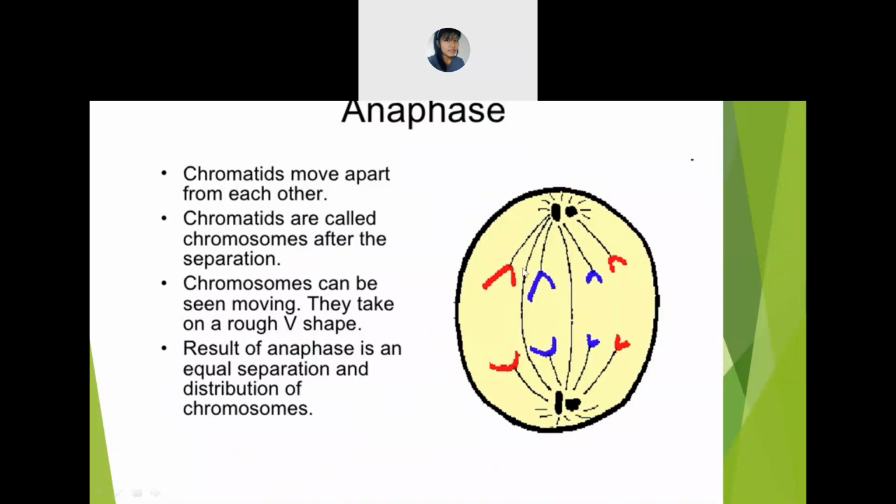Understand? And there will be equal separation, downside as well as upside. So there will be equal separation in both of these. Is it clear about the anaphase?